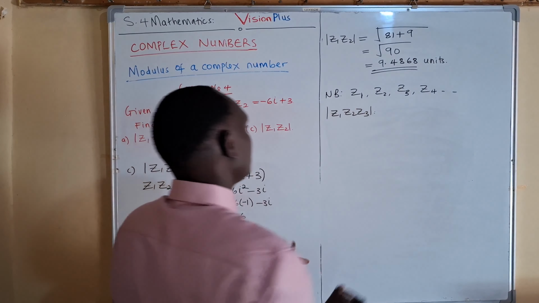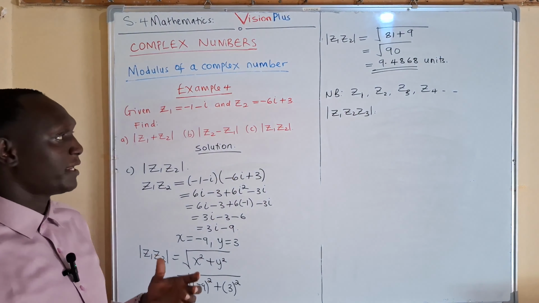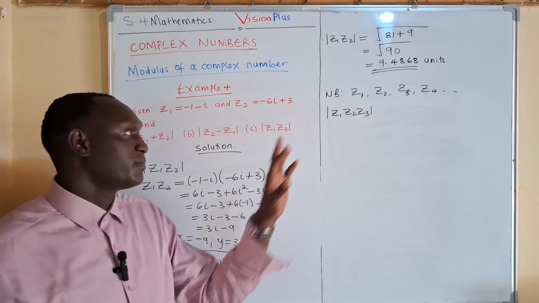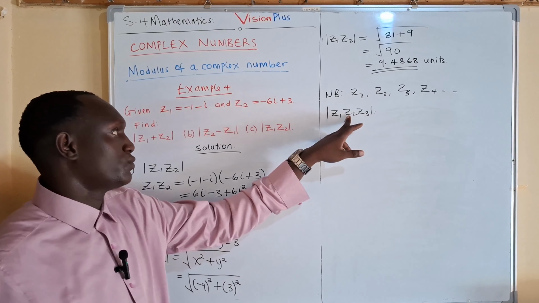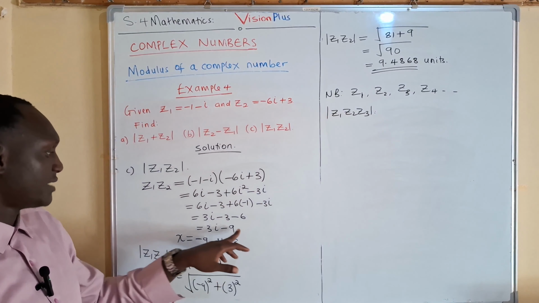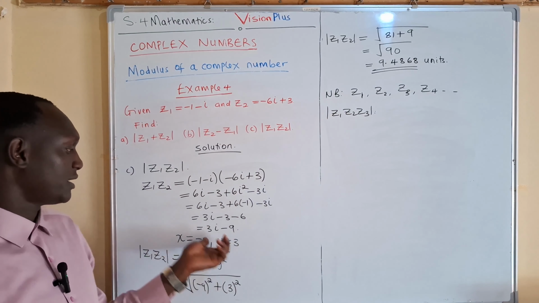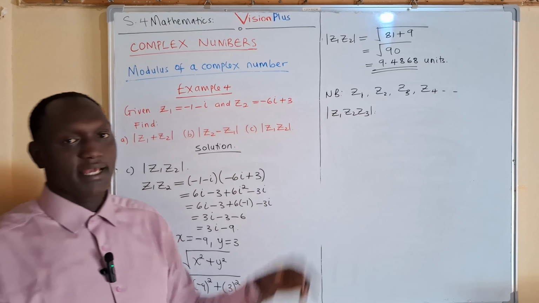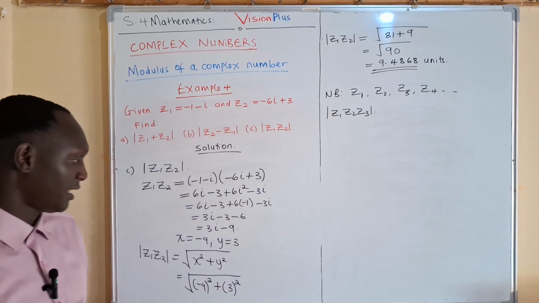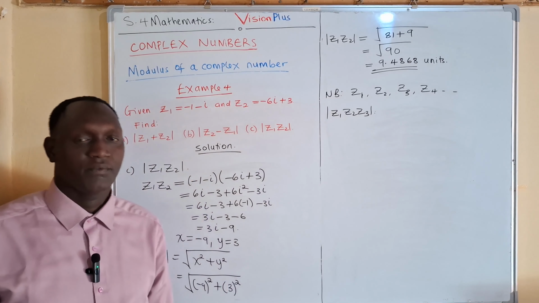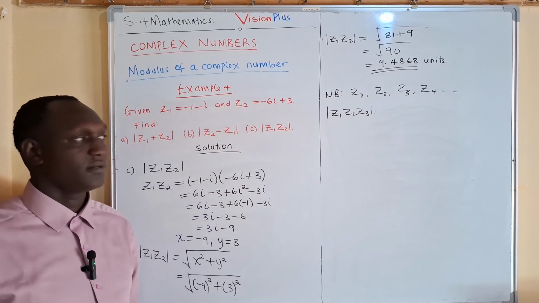So the only thing you can do here is just multiply. You can start by multiplying Z1 times Z2 and arrive at your answer in this format, 3I minus 9, and then you go on, get this answer again, multiply it by Z3, and you get another answer. Now to that answer, you find the magnitude.